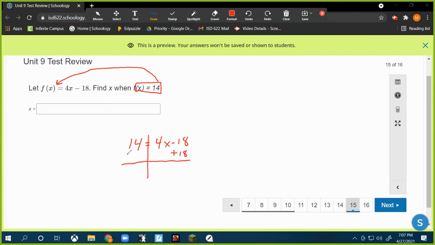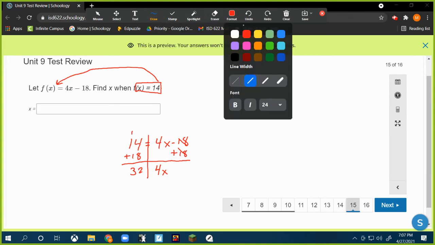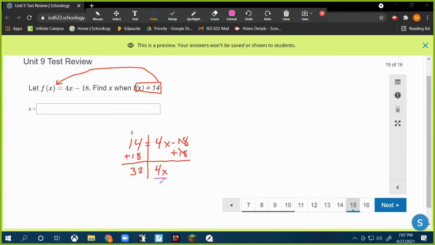Add 18 to both sides. Those cancel. We're left with 4x. 8 plus 4 is 12, 1 plus 1 plus 1 is 3, so 32. Now we got to get rid of that 4, so we divide by 4. 32 divided by 4 is 8. 4x divided by 4 is just x. X equals 8.